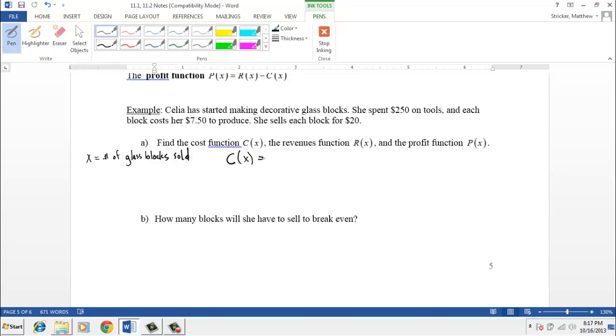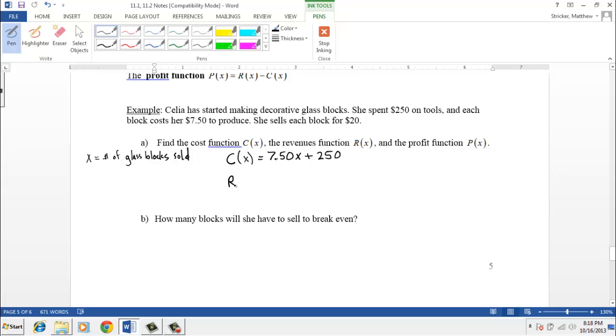You should see that it's that $250. Celia has to pay the $250 no matter what. So that's a fixed cost. And then she also has to pay $7.50 to produce each block. So her costs are going to be $7.50 times the number of blocks that she makes, plus that fixed cost of $250. That's how she builds her costs.